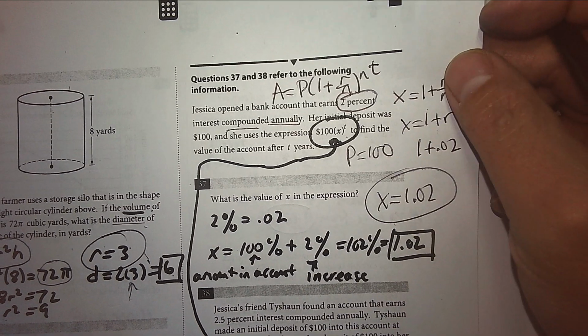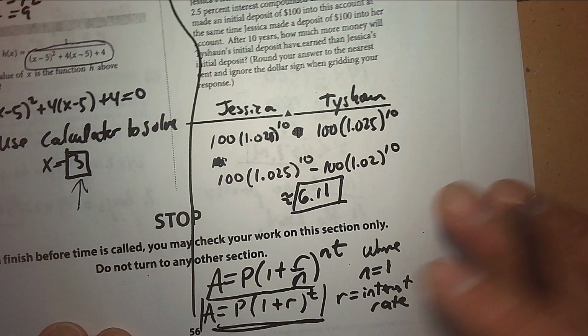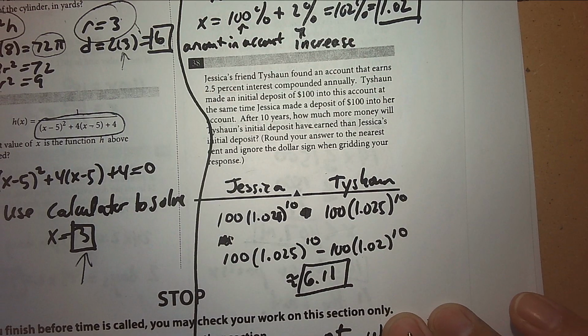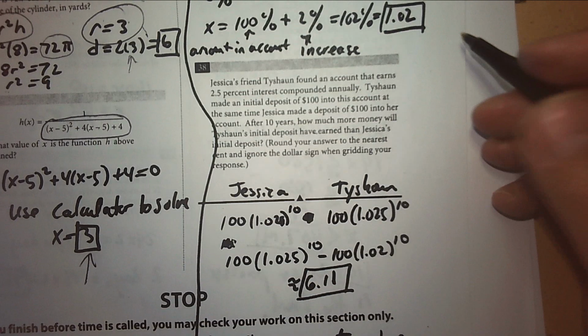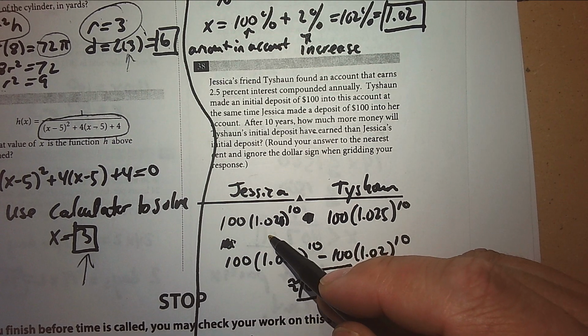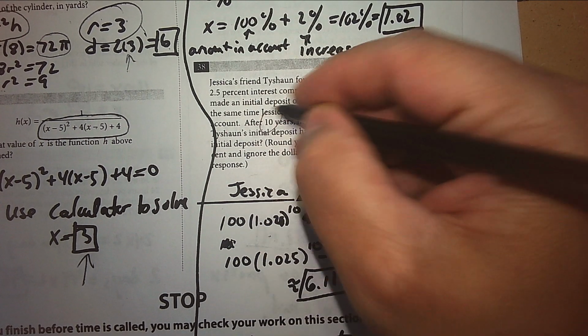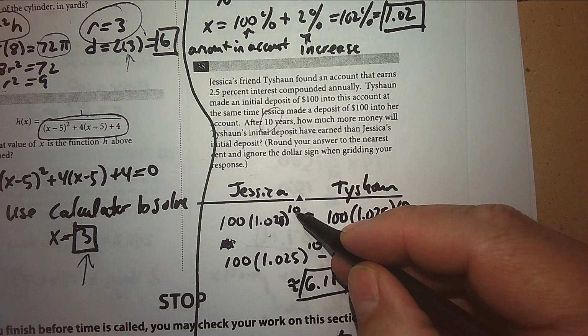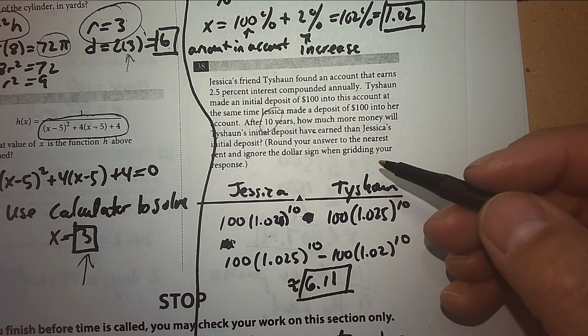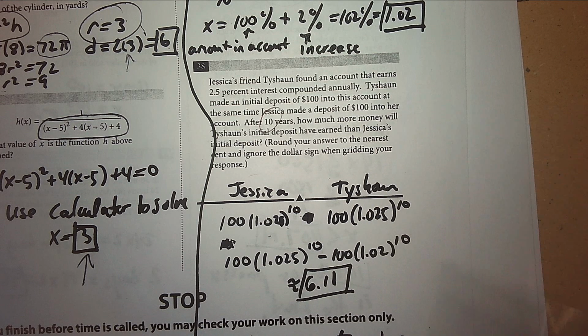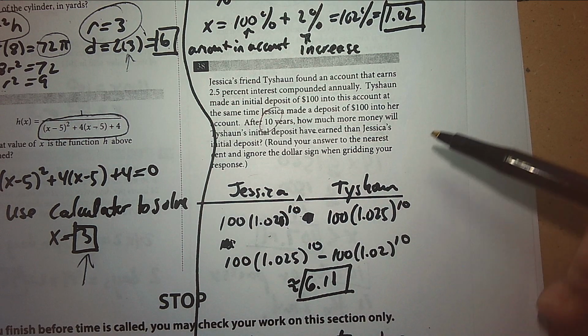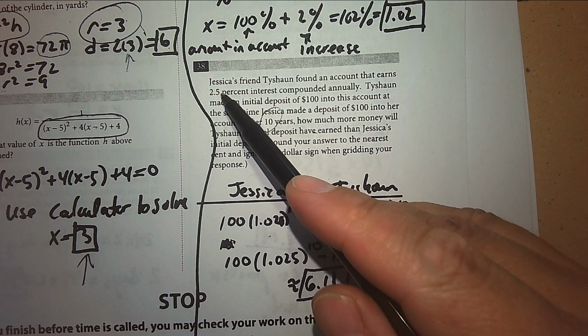Now the last question. Use that 1.02. And it says in 10 years. So plug in 10 for T. Tyshawn, he gets a better interest rate. 2.5.